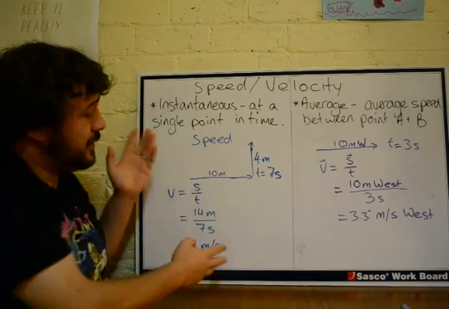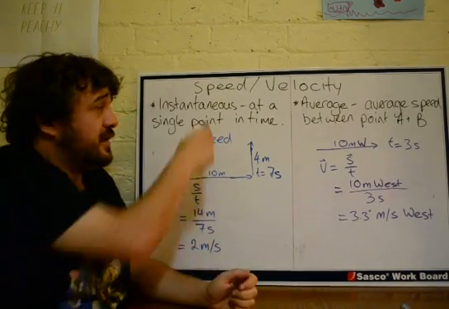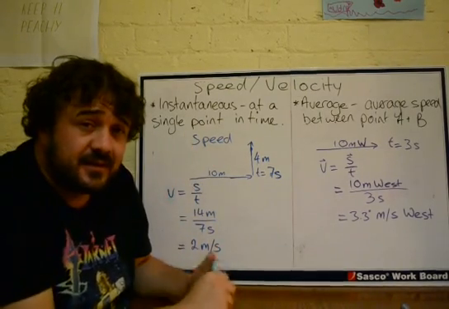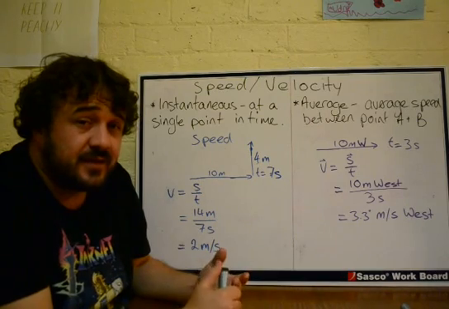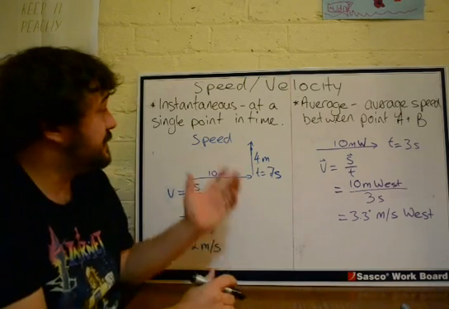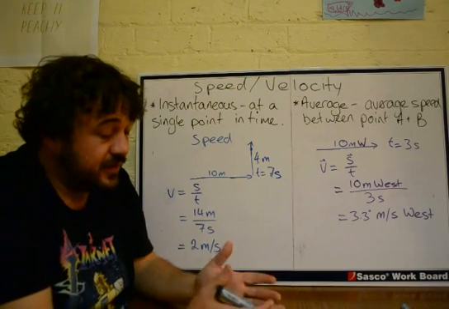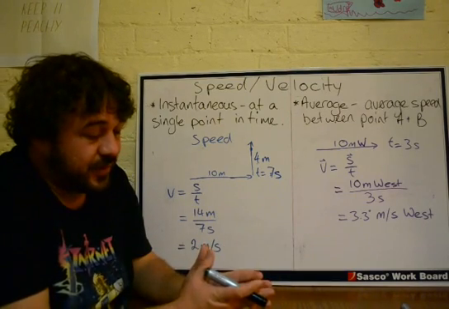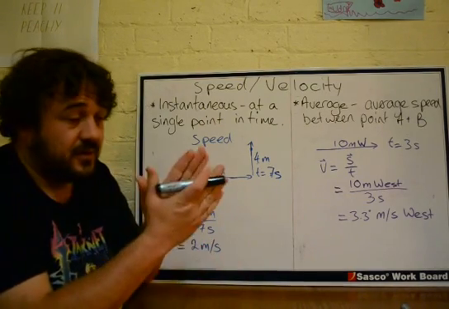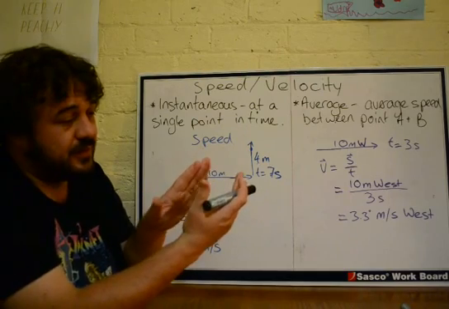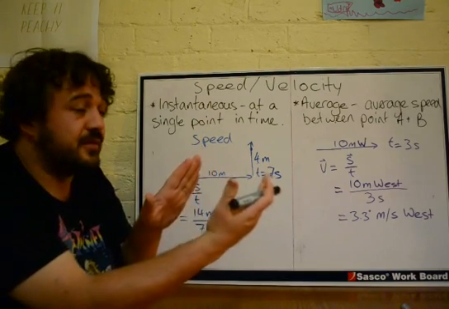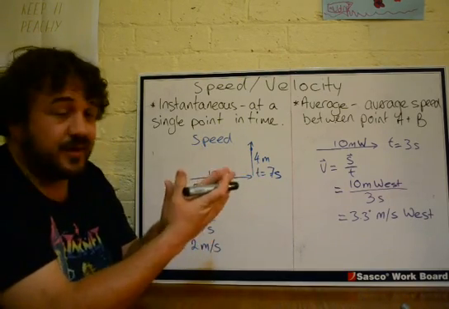Alright, first off we have instantaneous speed. This is the speed that the policeman measures with his radar gun. Okay, so it is the speed at a single point in time. Now if we're being really honest, it's always going to be between two points, point A and point B in time, but they're so small that it might as well be instant.